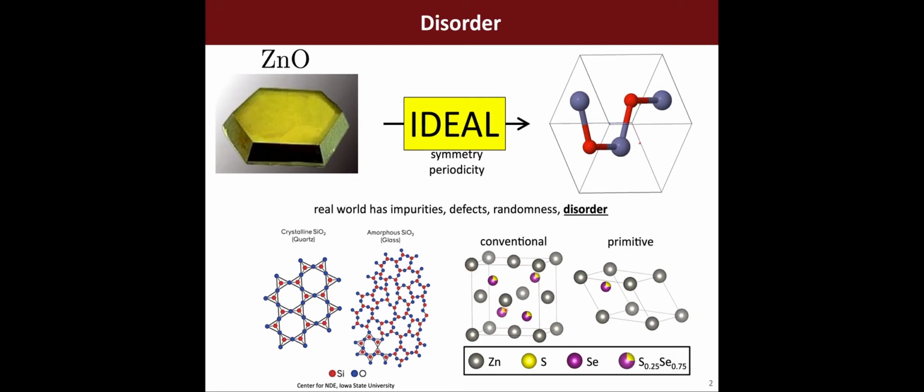And then here in the middle, instead of having a singular occupant, this site is partially occupied between sulfur and selenium, and there's a ratio where we have more selenium than sulfur. The idea here is that these sites are characterized by two or more occupants, and that's chemical disorder. So we're really going to hone in on the chemical disorder. That's the type of disorder we're going to focus on for the talk.